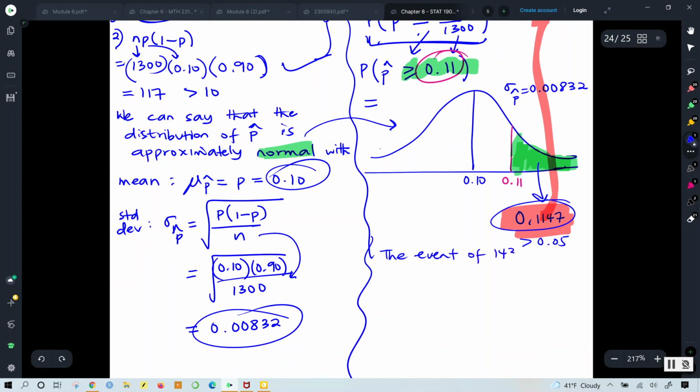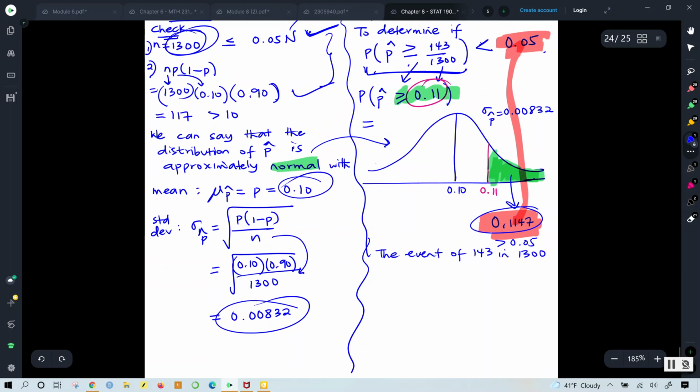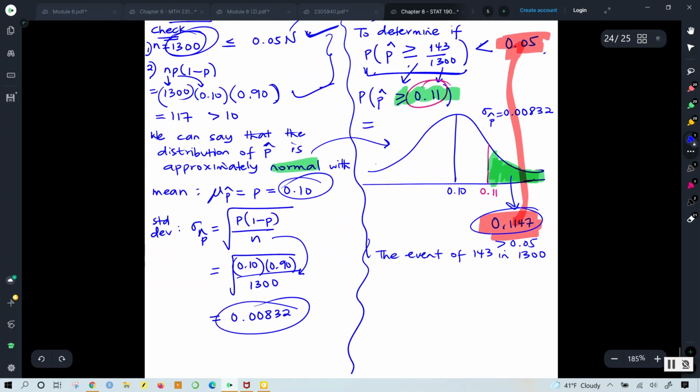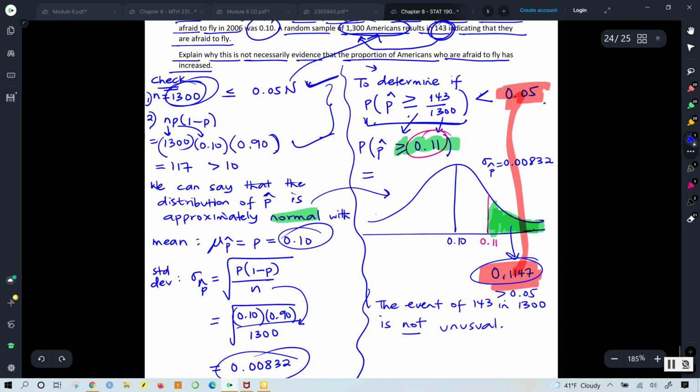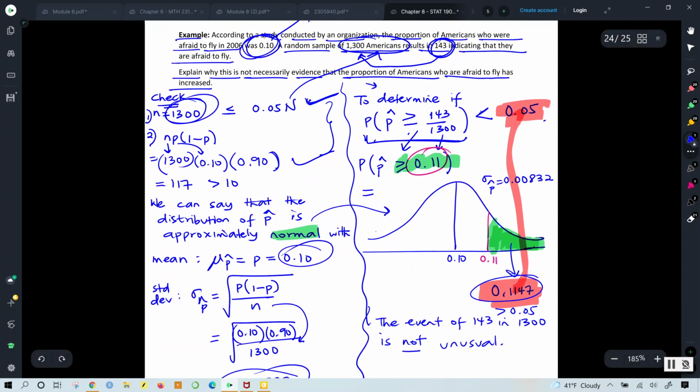of 143 in 1300 indicating that they are afraid to fly is not unusual. If it is not unusual, that means that the initial assumption that the proportion is 10% has not changed. We don't have any reason to say we observed something unusual.